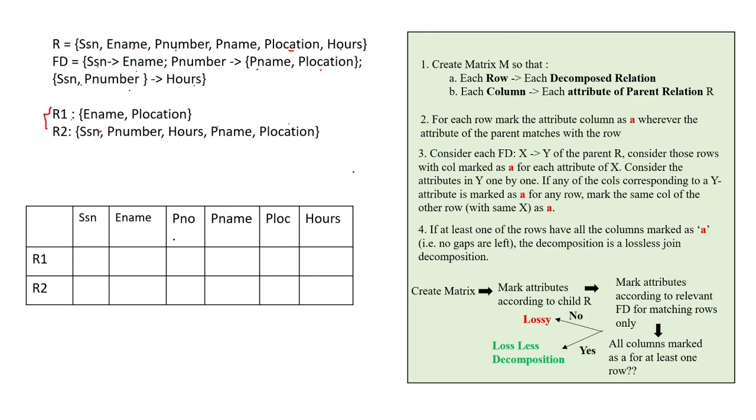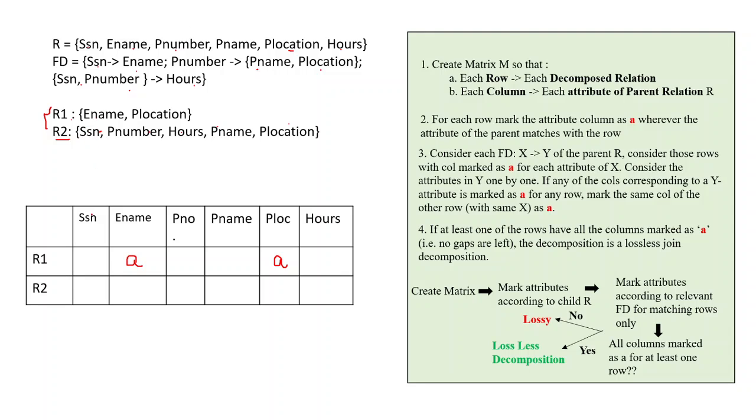So first we'll create the matrix. Now for your relation number 1 or the first row, you have the attributes E name and P location. So mark this column E name as A in R1 and also P location as A. Now we move on to the row R2.